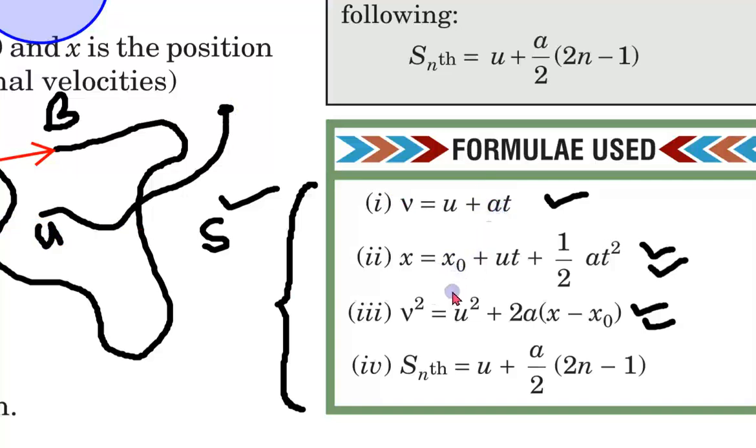Acceleration means how much my velocity increases every second. So the definition is the rate of change of velocity. What is acceleration? Rate of change of velocity. That means change in velocity per second, or change of velocity in every second.